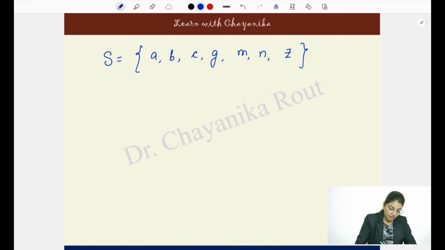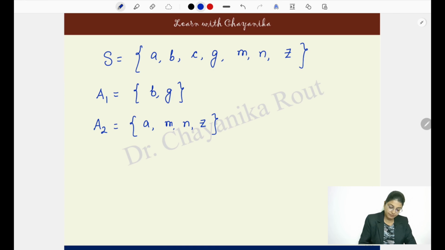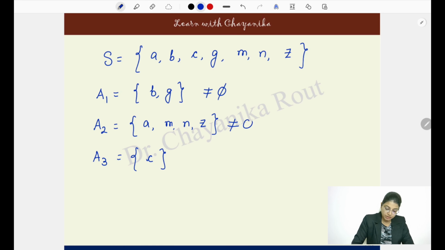Let's see how. For example, if I take a subset A1 of this set which contains the elements B and G only. Let me take another subset A2 which contains A, M, N and Z, and I take another subset of S which contains C. So here we have three subsets of S. Each set is non-empty, not equal to the empty set, because every subset contains at least one element.